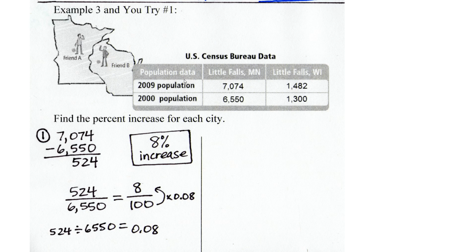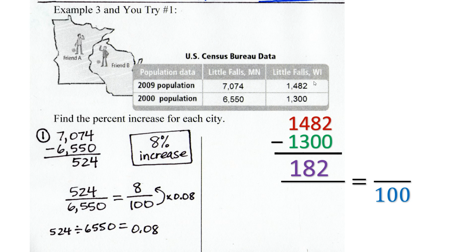Now, I would like you to do try number 1, which is finding the percent increase for Little Falls, Wisconsin, excuse me. Okay, so hopefully you paused the video and you tried it. You want to find the difference between these 2 years, which would be 182. Which of those two numbers is the original?